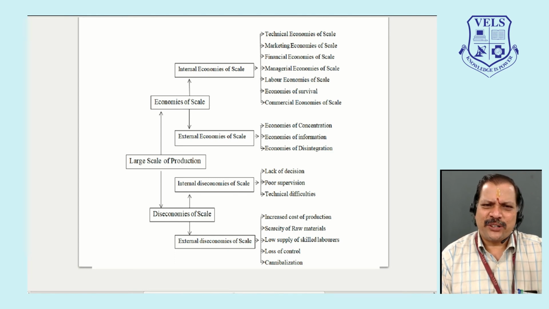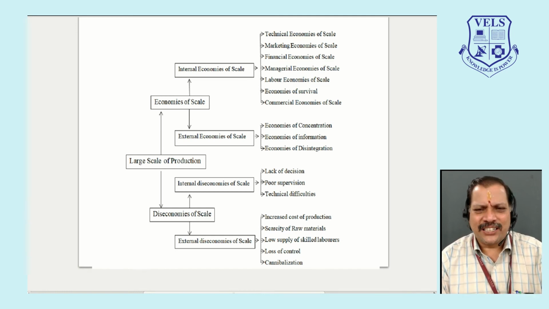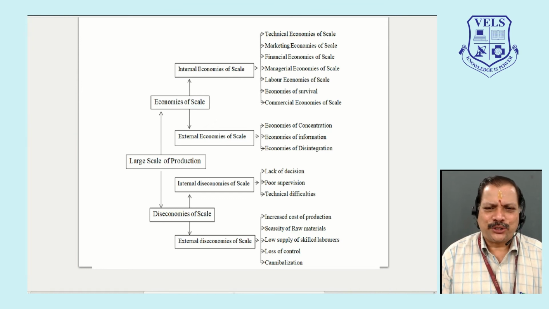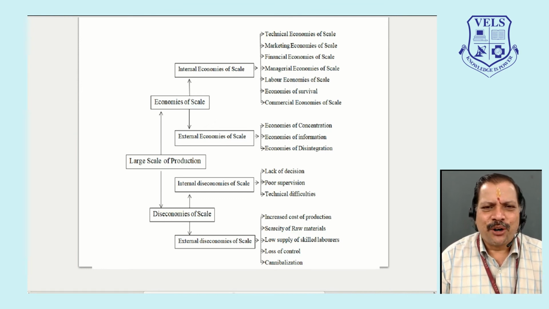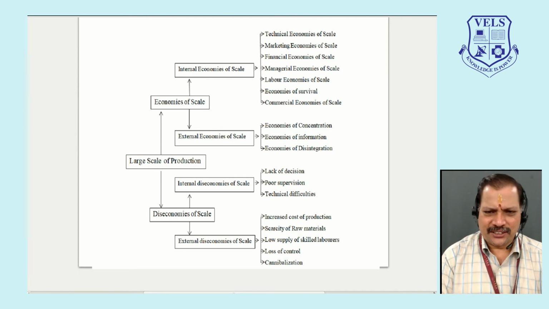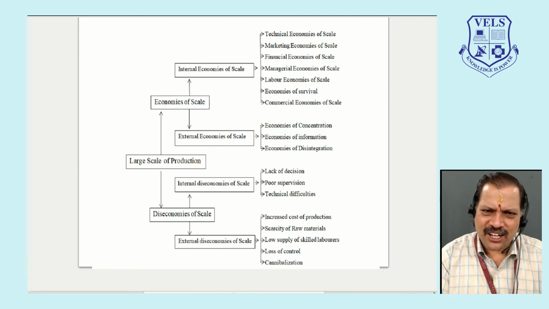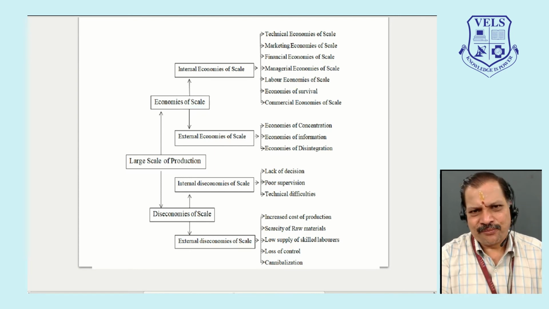Technically we are sound, which means we can produce more within a short time. Marketing means we can get more market power, and we can get loans easily. And there will be provision for new employment, administrative work will be there, and skilled labor we can get, and we can survive for a longer period. All these things are advantages which are internal.